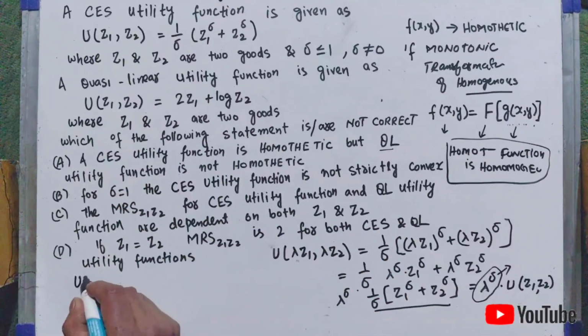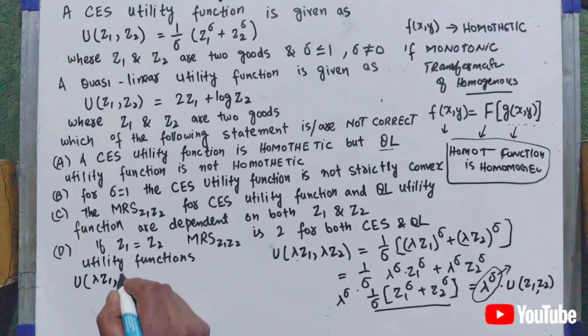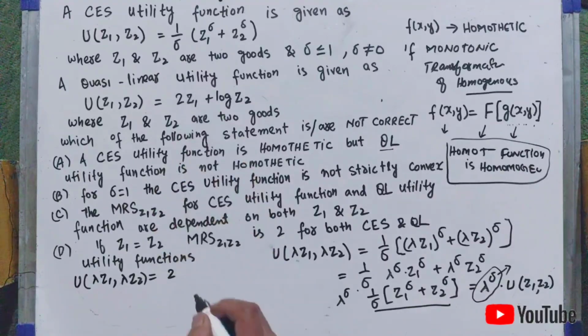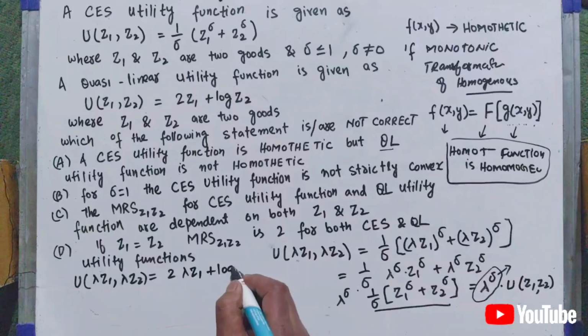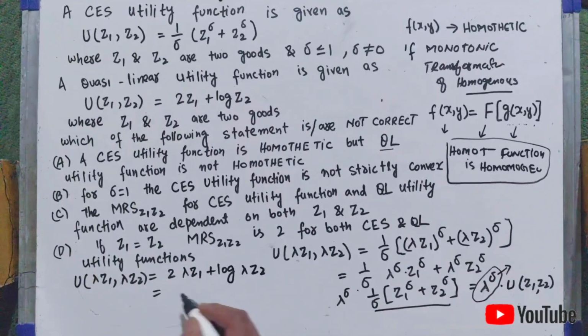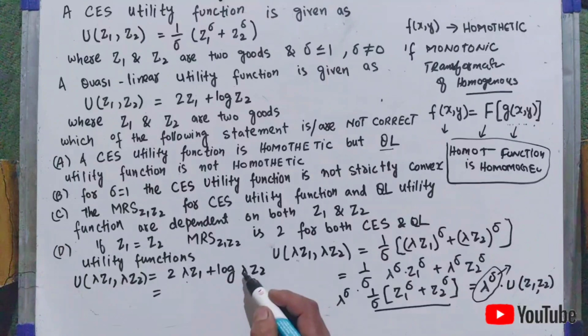So let us increase both z1 and z2 by lambda. So we have u of (lambda times z1, lambda times z2) equal to twice, in place of z1 we have lambda times z1, plus log of lambda times z2. Can we factor out lambda here? No, we cannot factor it out because of the log with z2.